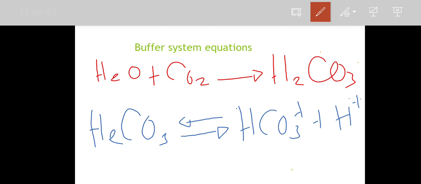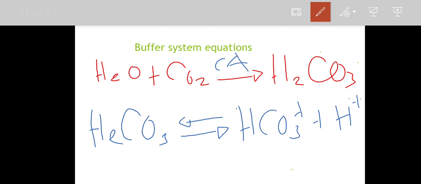So now in the body, this happens in blood. This process is facilitated by an enzyme which we call carbonic anhydrase.